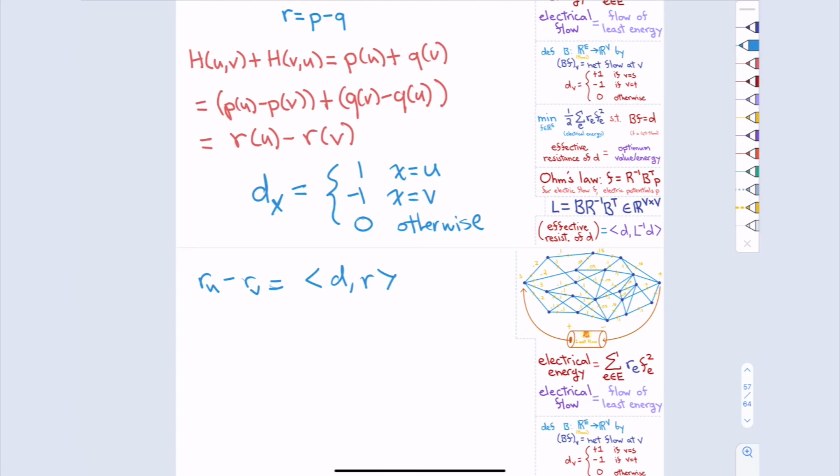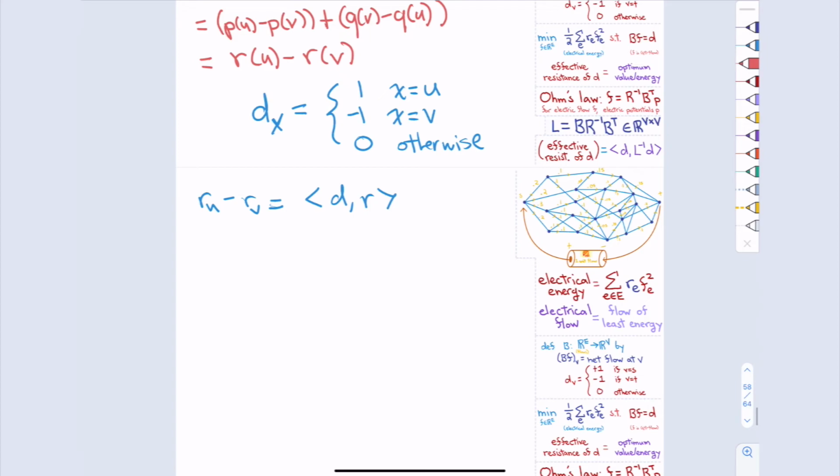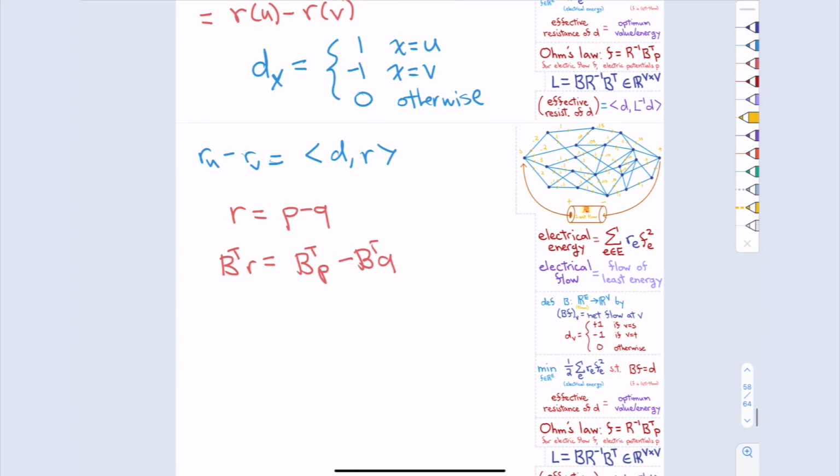All right, so let's see. One second, I'm just working off some notes here. Okay, so we have R is equal to P minus Q. We have B transpose R is equal to B transpose P minus B transpose Q. All of these are describing flows.